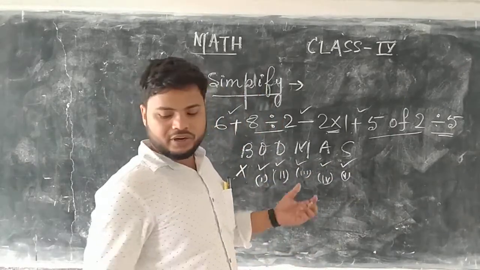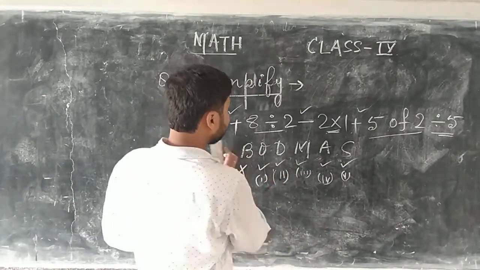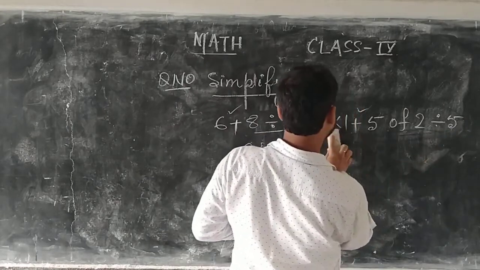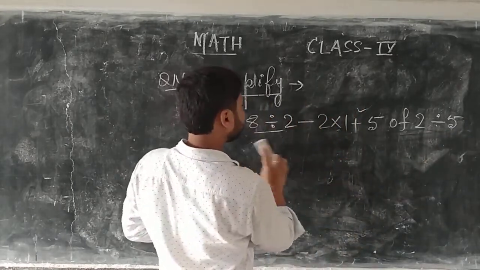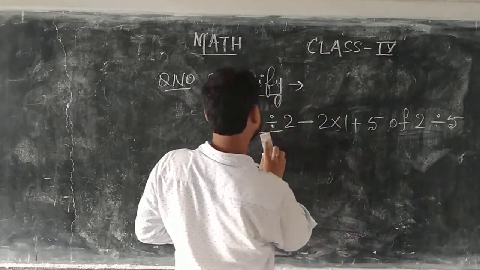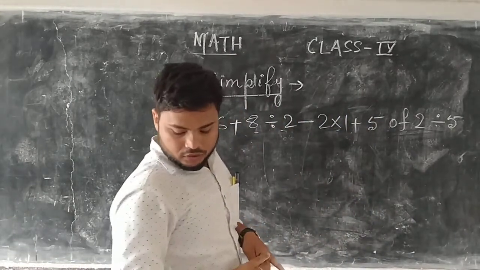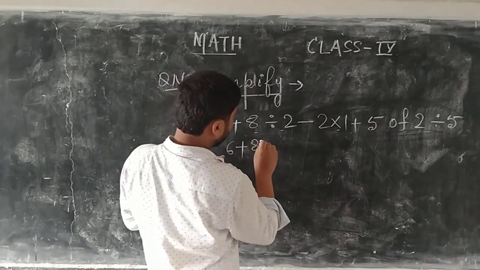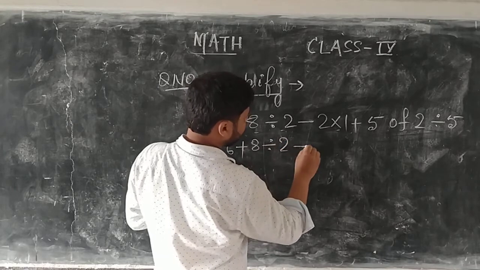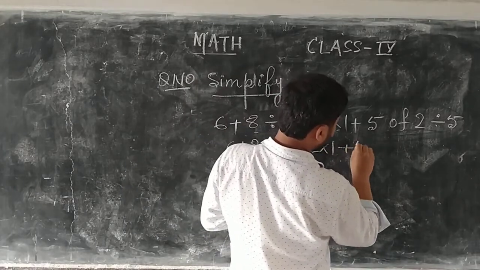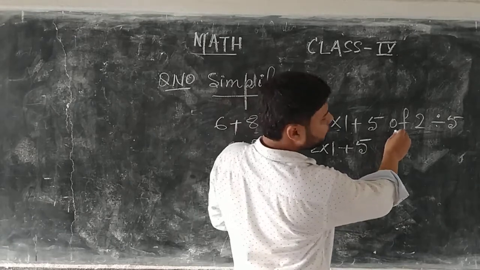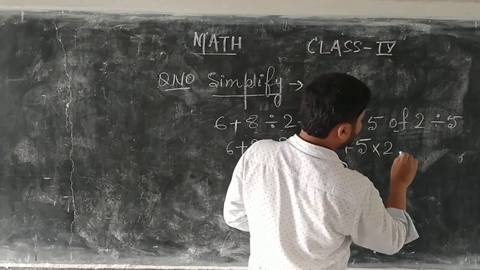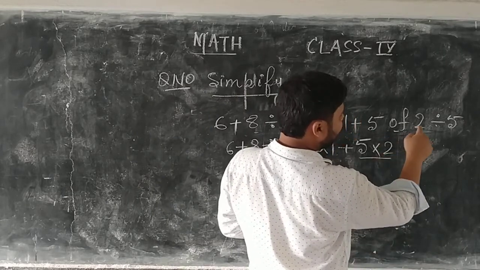Now we try to solve this question first, according to BODMAS. First work is 5 of 2, means we will work on of first. We replace it with the multiplication symbol: 5 times 2 is 10.